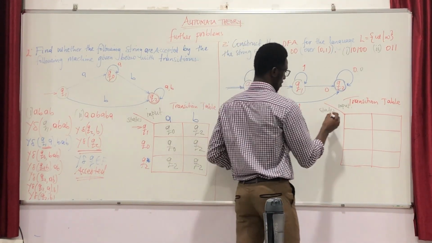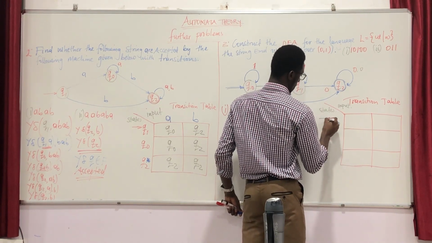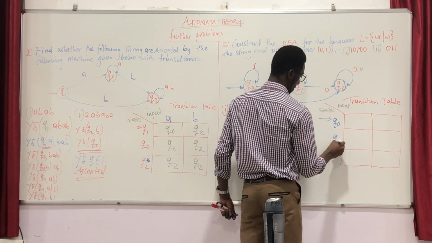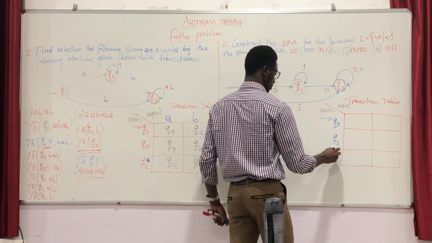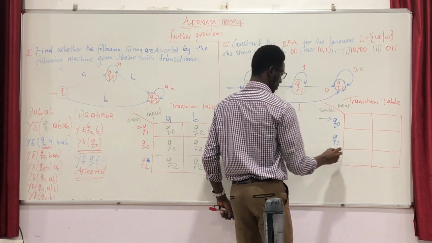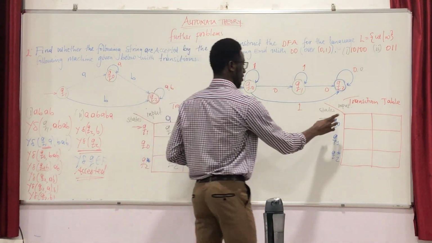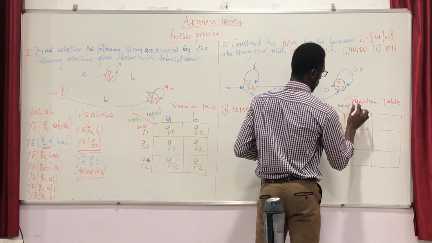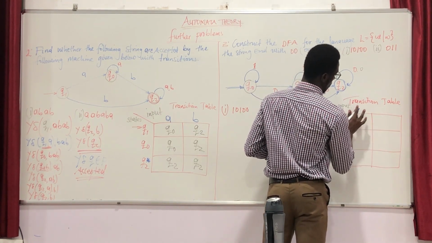Now we have Q0, Q1, and Q2 as states. So now let's come here. Q0, this is on input 0 and 1.